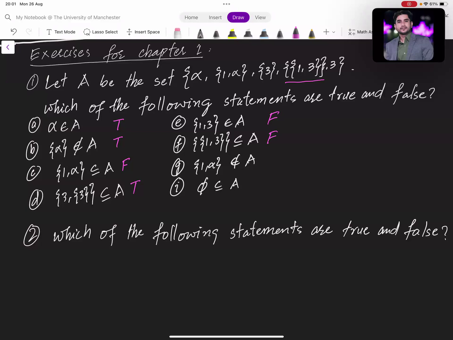Now, 1, alpha is an element inside A, so it is in A, but this says not in A, so this is also false. Now, phi is a subset of A, which is true.